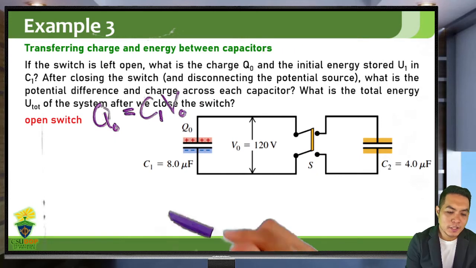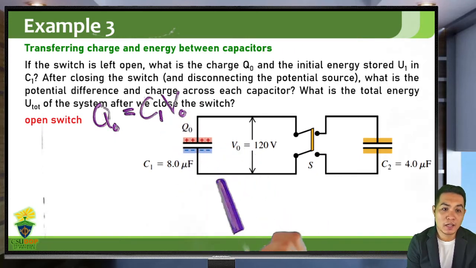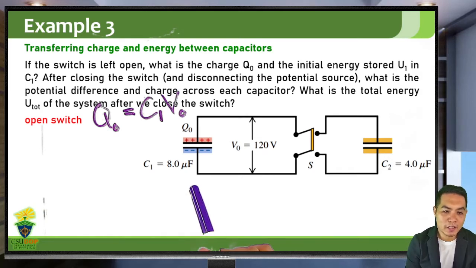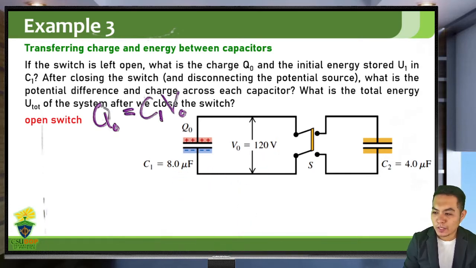So the charge in capacitor 1 and the voltage of capacitor 1, which is 120 volts. So you substitute the value. C1 is 8 microfarad. Micro means times 10 to the negative 6. Multiply that by 120 volts, and you will get 960 times 10 to the negative 6 coulombs, or 960 microcoulombs.